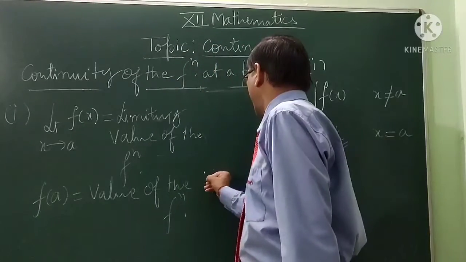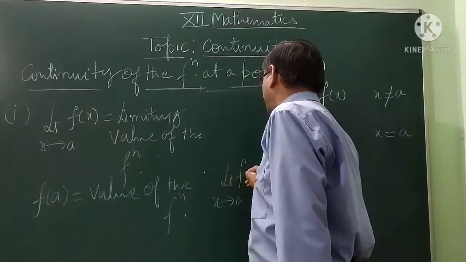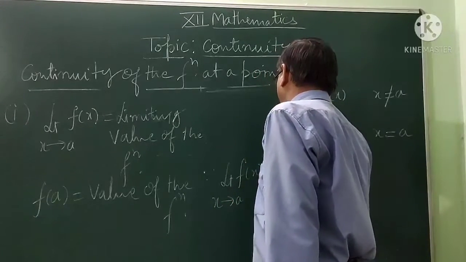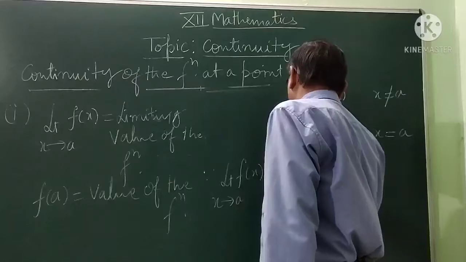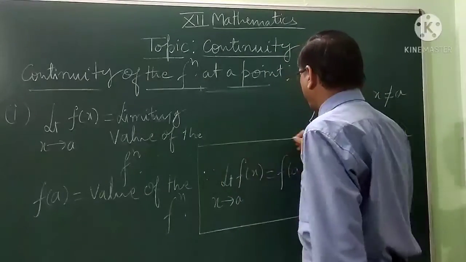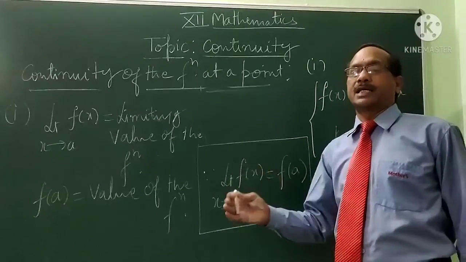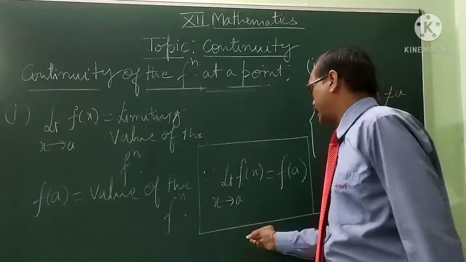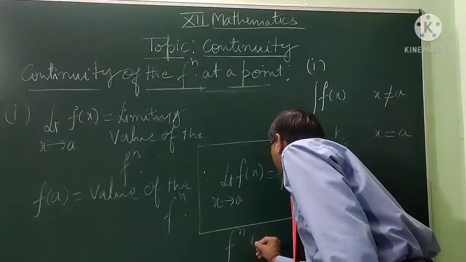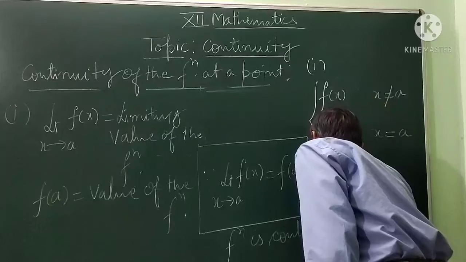If limit x tends to a of f(x) is equal to f(a), that is, if the limiting value of the function equals the value of the function, then we can say that the function is continuous.